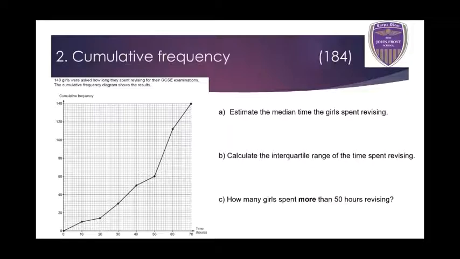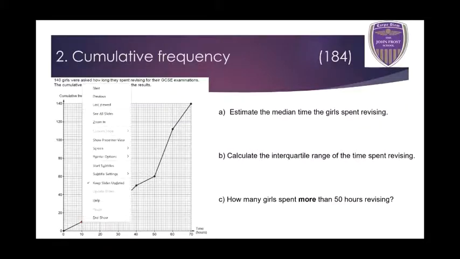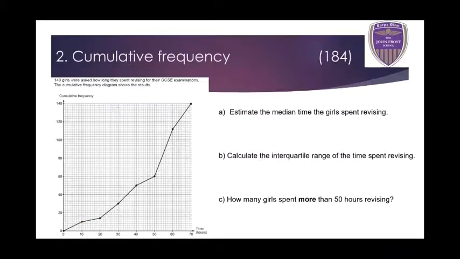If we then take ourselves to this point up here and take it across to the y-axis, it's 10 on the y-axis, which is the cumulative frequency, and it matches up with 10 on the x-axis, which is the hours revised.